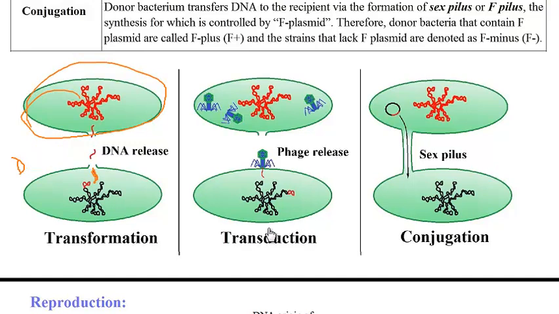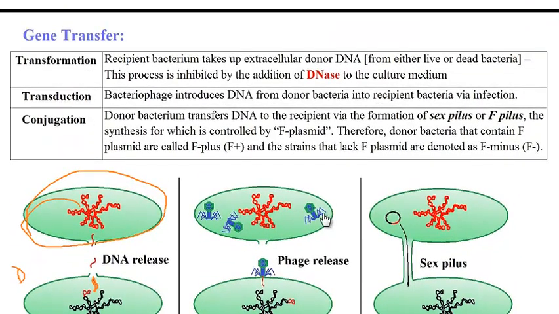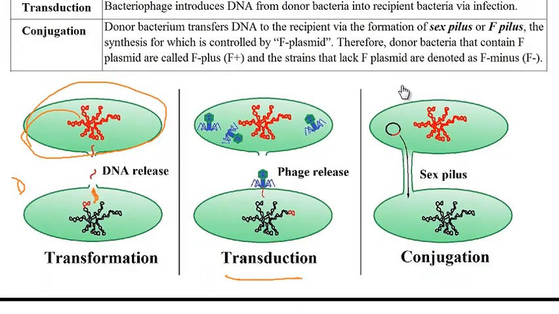All right, the next mode of transferring genes is called transduction, and that's actually being induced by bacteriophages. So once bacteriophages infect one bacteria, if they go on and infect another one and they insert their DNA into the DNA of the new bacteria that they infected, this is called transduction. So basically transduction is when a bacteriophage helps move around DNA from one bacterium to another.